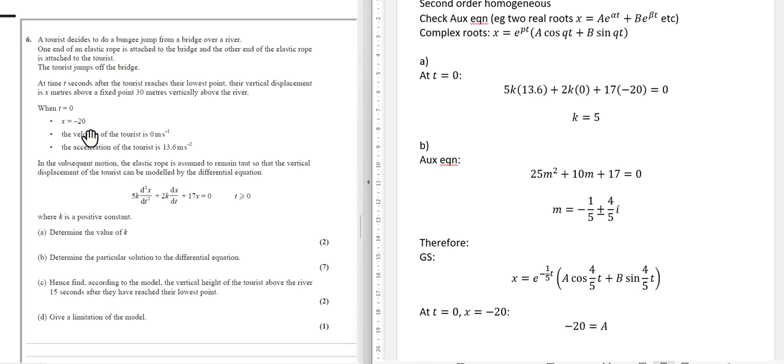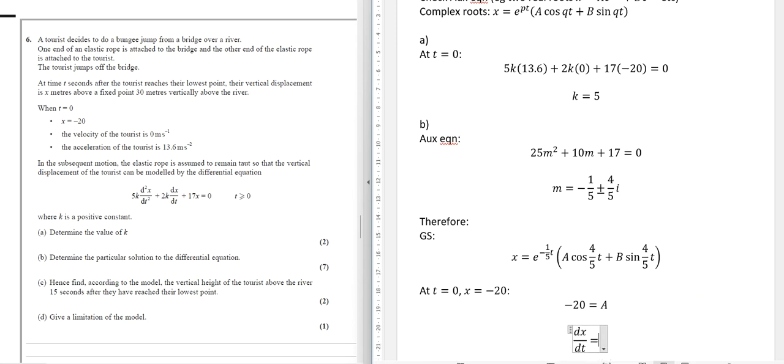But remember, we've been given additional information. We were told the velocity is 0 when t is 0. So let's find the velocity, dx by dt. This will require me to differentiate this, and that's why there are 7 marks for this section. But I can be a little bit savvy. For a start, there will be exponential stuff involved.